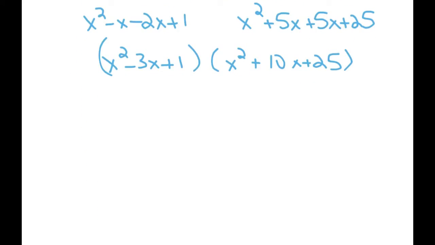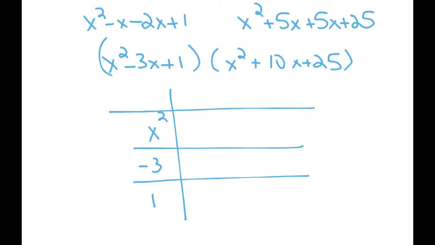Now to finish multiplying these together, I'm going to use my little box method. I use a different color here. Remember when I use the box method, what I'm doing is I'm finding the areas of all the boxes inside, and then I'm going to add all those areas together.